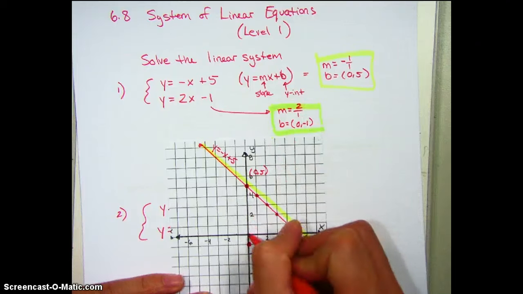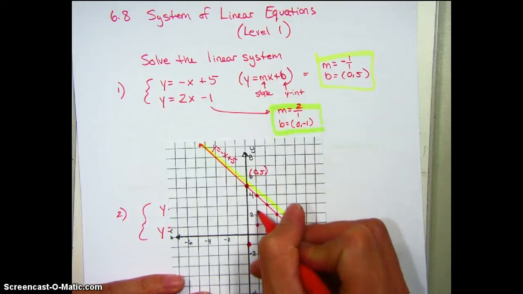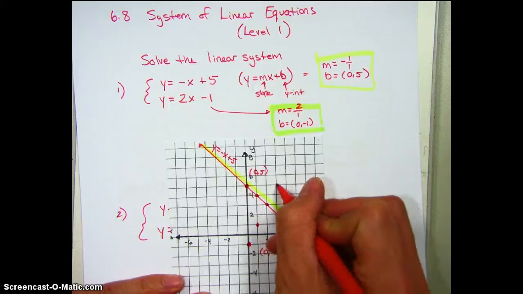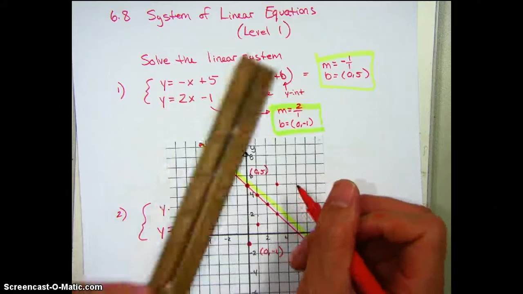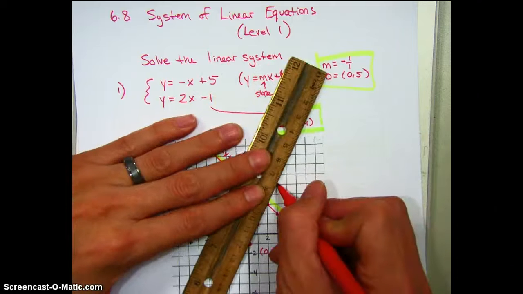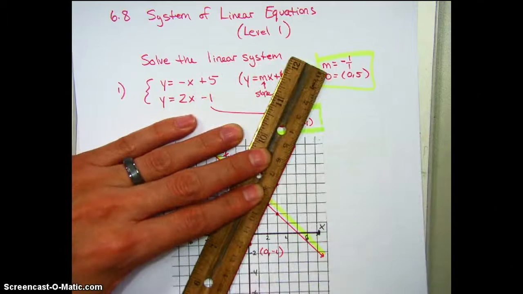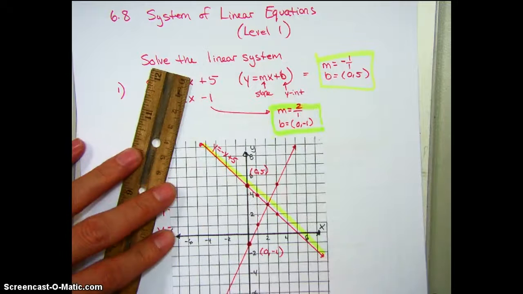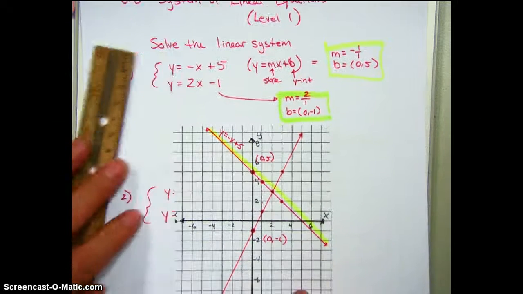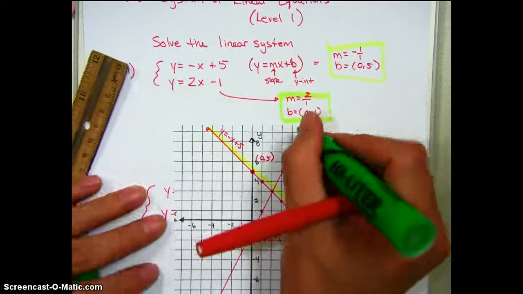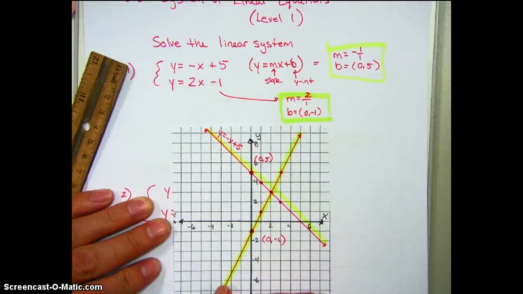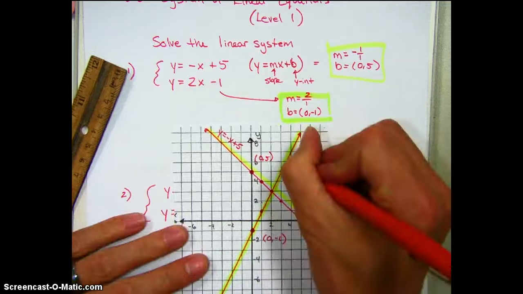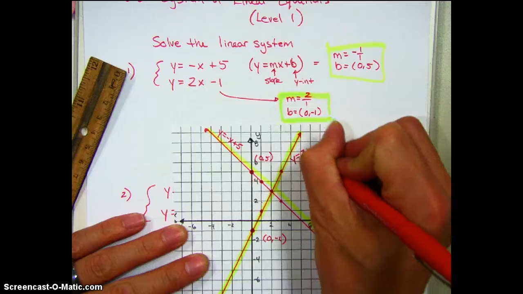Up 2, over the right one, up 2 over the right one. If I connect these dots, this is going to be the graph of that line. The green one there is this one right here. I'll even write the equation of that line: y equals 2x minus 1.